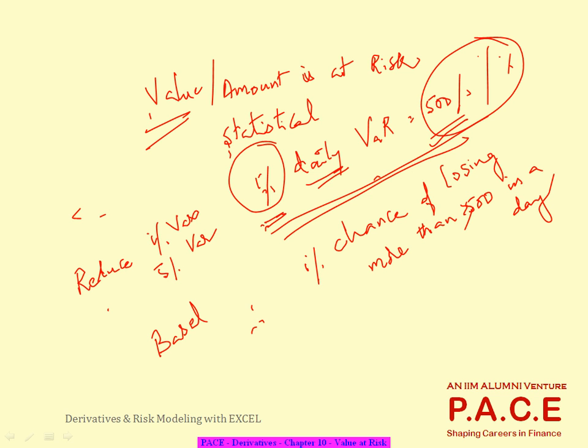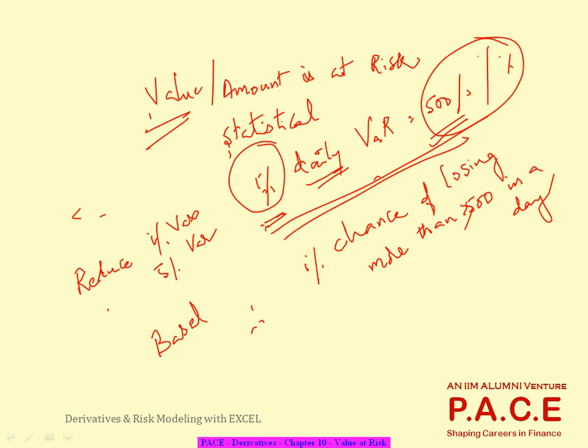So what it says is that because there is a 99% chance that my loss will be less than 500, do I have a backup for that 500? Or what am I doing to face that 500? So 99% of the times I am more or less within that limit. My loss cannot go beyond that.